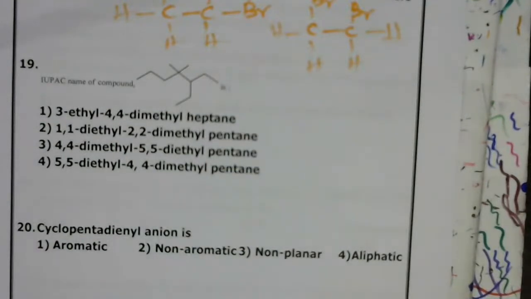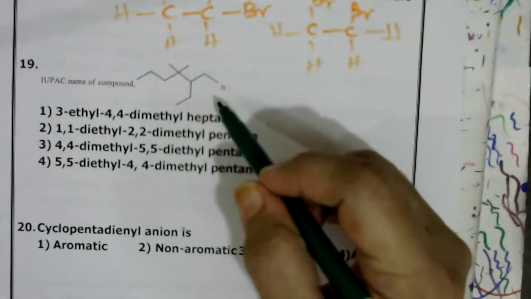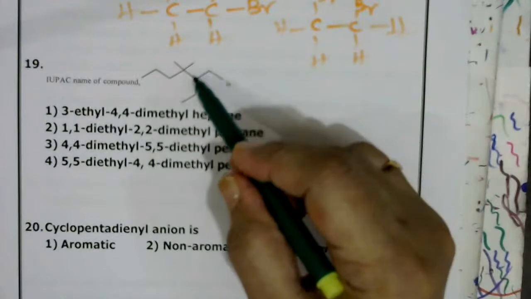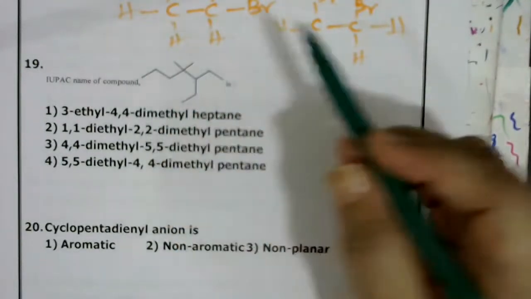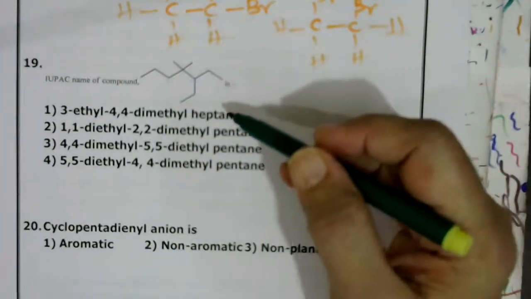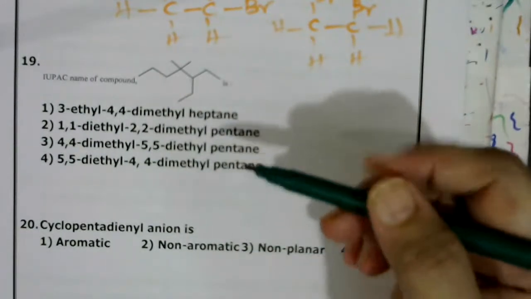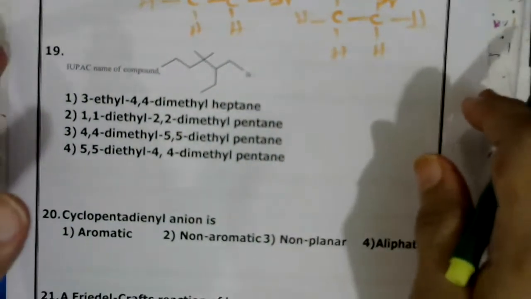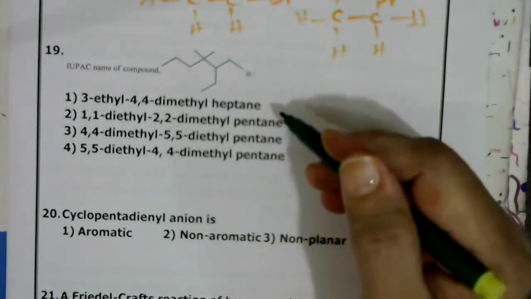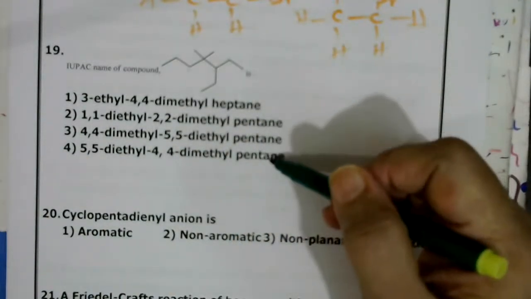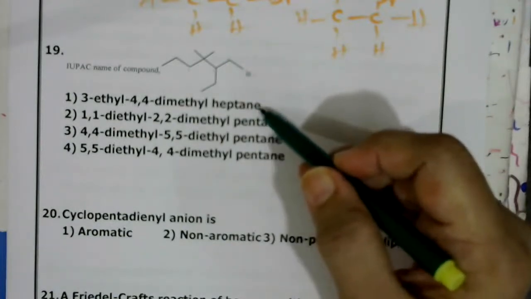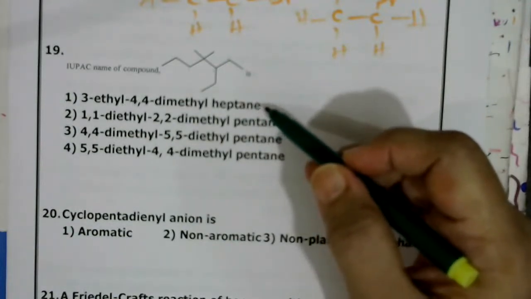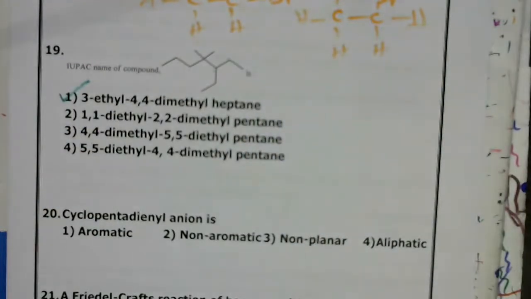Whenever we write, with respect to the longest chain only can we go for answering, and it will be the lowest locant also. Therefore, 1, 2, 3, 4, 5, 6, 7. Correct? Even without writing the numbers, we can go for the answer. 3 options are pentane, only one option is heptane. Correct? That's why with the longest chain, we can get to the answer.